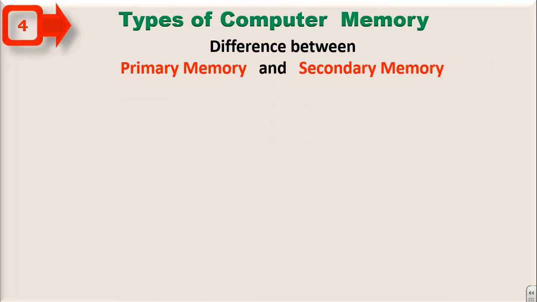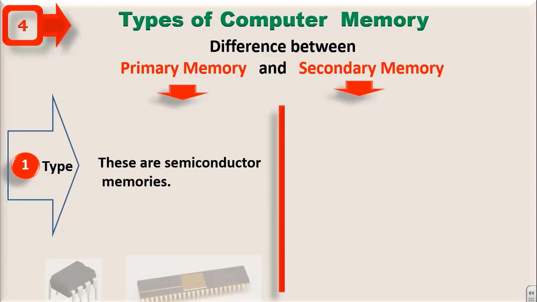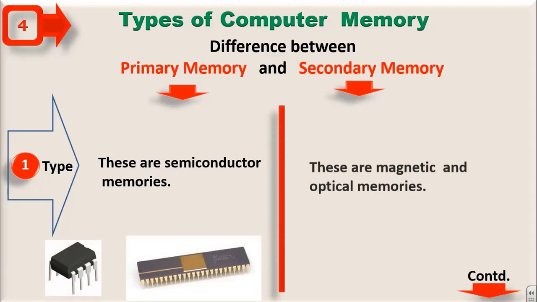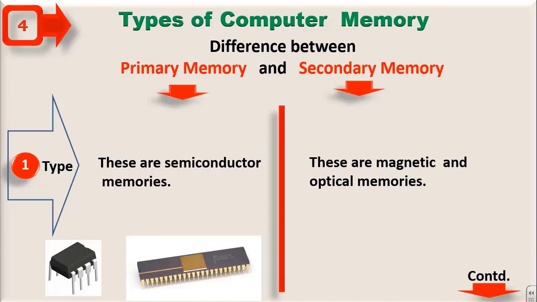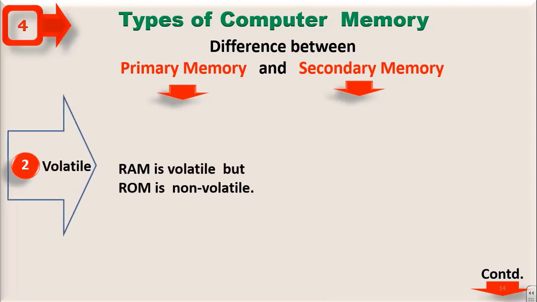Now let us look at the difference between primary memory and secondary memory. The primary memory is in the form of semiconductor memories. The secondary memory is in the form of magnetic and optical memories. RAM is volatile but ROM is non-volatile.